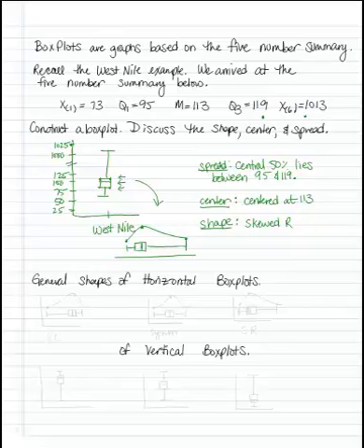Shapes that you'll notice for your horizontal box plots fall into 3 main cases. You have your skewed left, your symmetric, and your skewed right cases. Skewed left would look like this, symmetric like this, and skewed right.